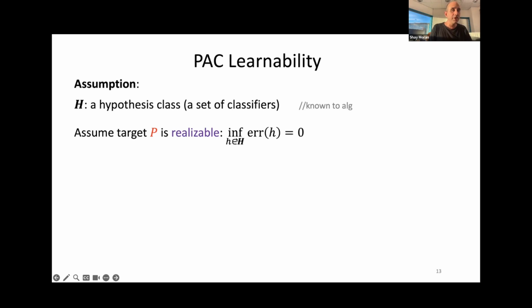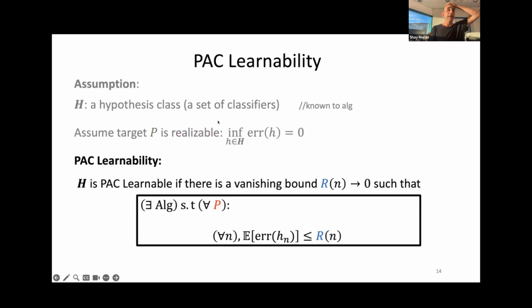What this means essentially is that there is a function in the class that has 0 error, that with probability 1 predicts correctly on a random example. I said essentially because it's an infimum rather than a minimum, but it's really not a critical point. So the algorithm knows that the target function is taken from a given class H.